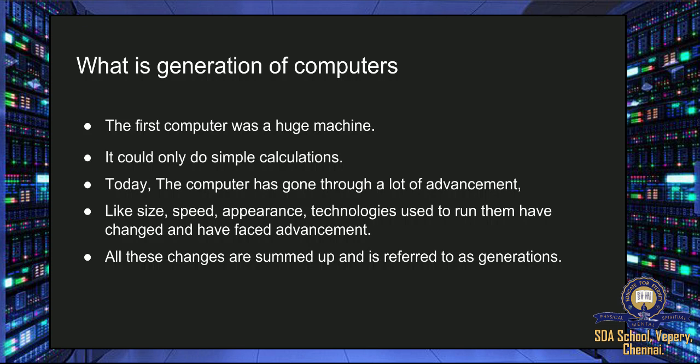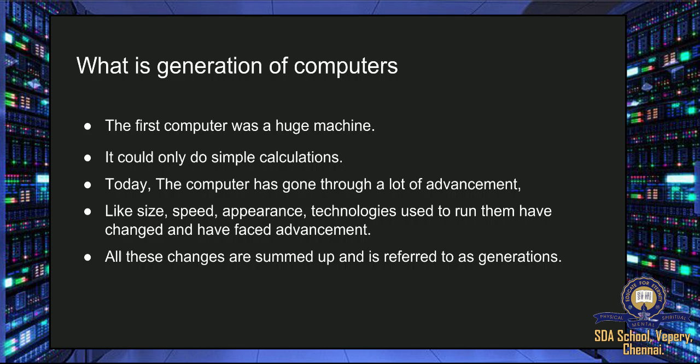Like size, speed, appearance, technologies, everything has changed from one generation to the other up to date. All these changes are summed up together and referred to as generations of computers.